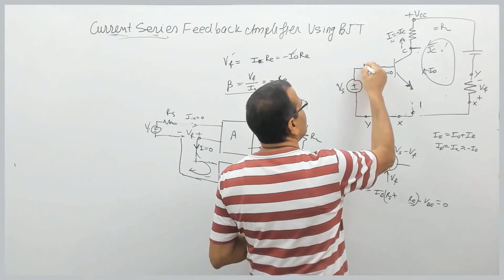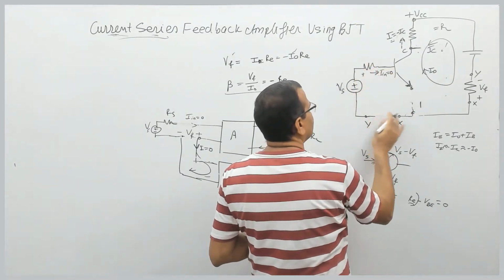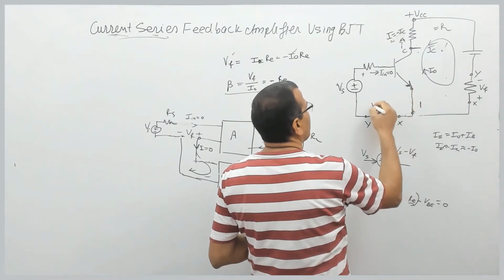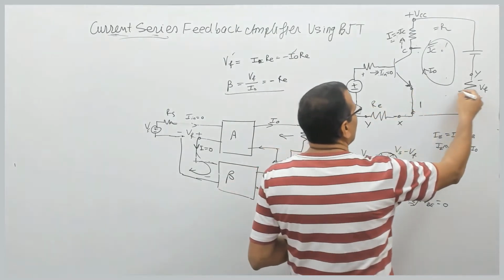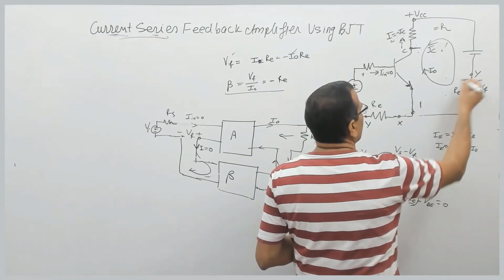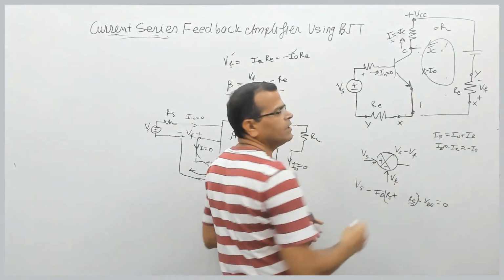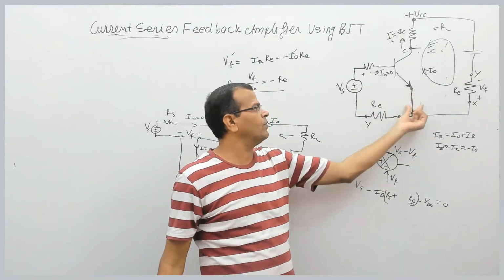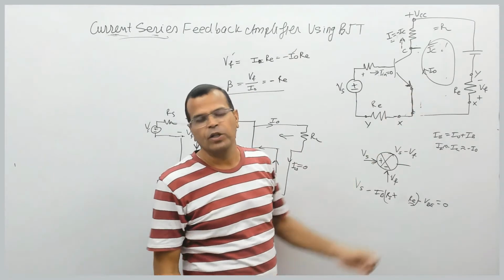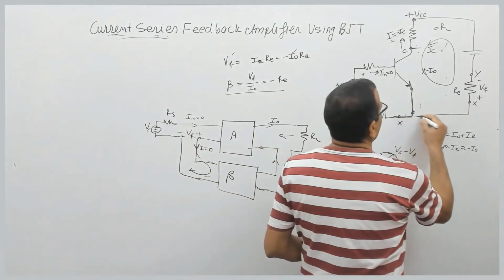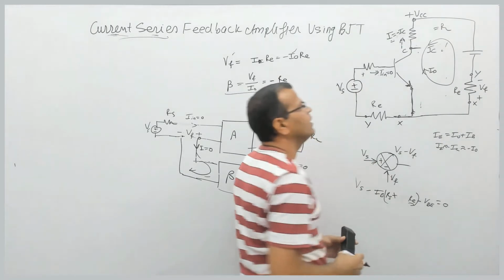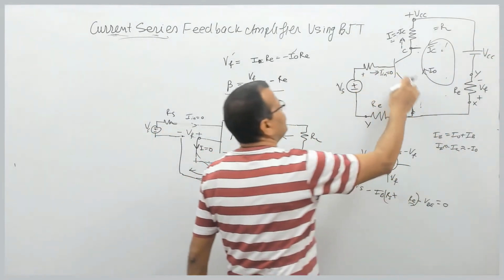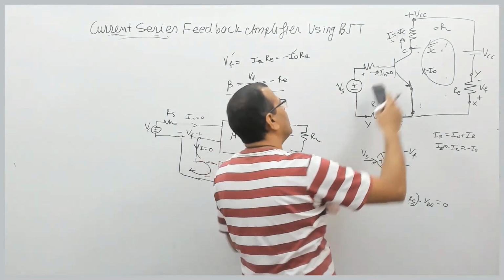Now I will be connecting both circuits without feedback loading. For the input circuit without feedback loading, I have RE here. For the output circuit without feedback loading, I have RE here, and that is removed from the feedback part. This is the only part which is common between output and input, so you have removed that part. This is the output circuit without feedback loading, and this is the input circuit without feedback loading.